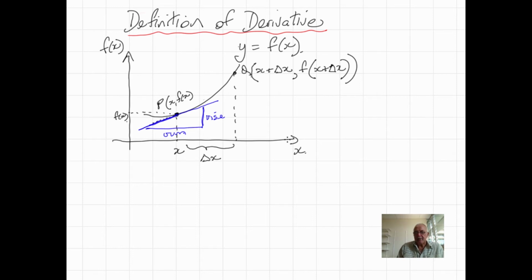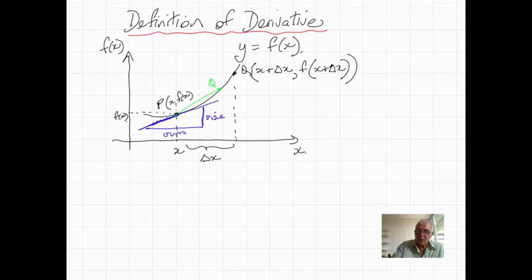Okay, so how can we do that? And that's what calculus and the derivative allows us to do. What we've got to think about is that we're going to incorporate our knowledge of limits. And if we move point Q to there, and then we calculate the gradient of that straight line.